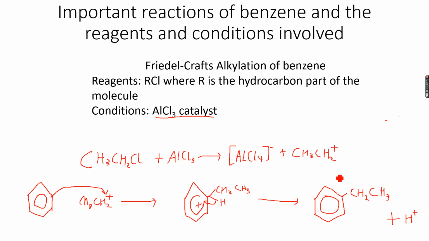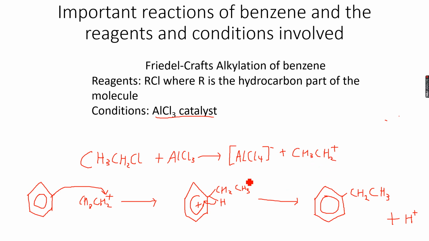Okay, so we have this electrophile now, which is the CH3CH2 plus. It's called an electrophile because it is hungry for electrons, as they call it. It wants electrons to get rid of this positive charge, and that's why it will react with benzene.